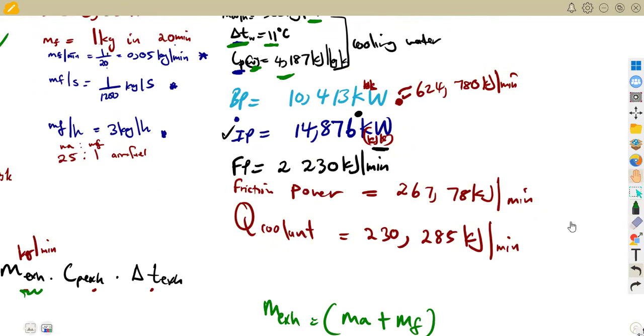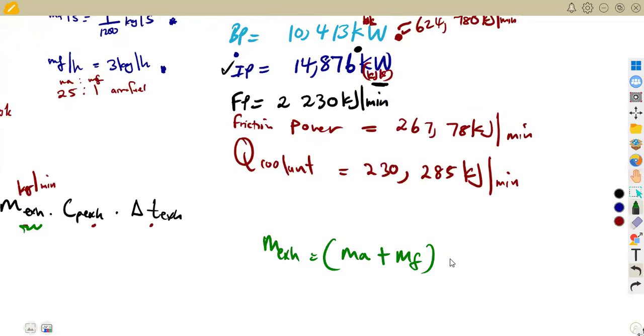So to obtain this, we must multiply by the mass of fuel per minute, because we need this per minute. Not per second, not per hour. Remember, this is from our air-fuel ratio.